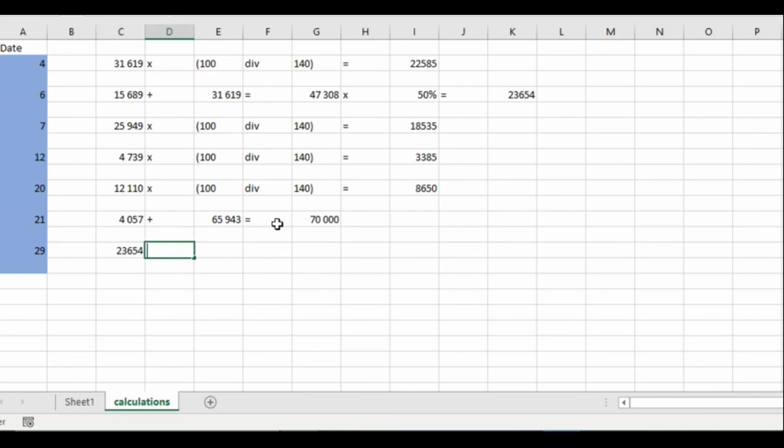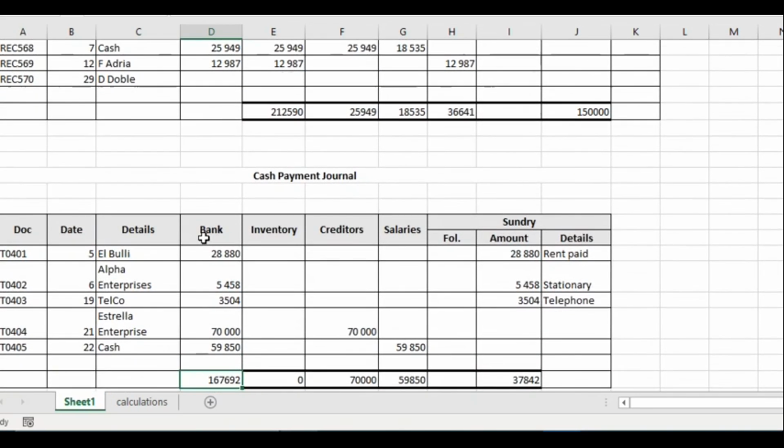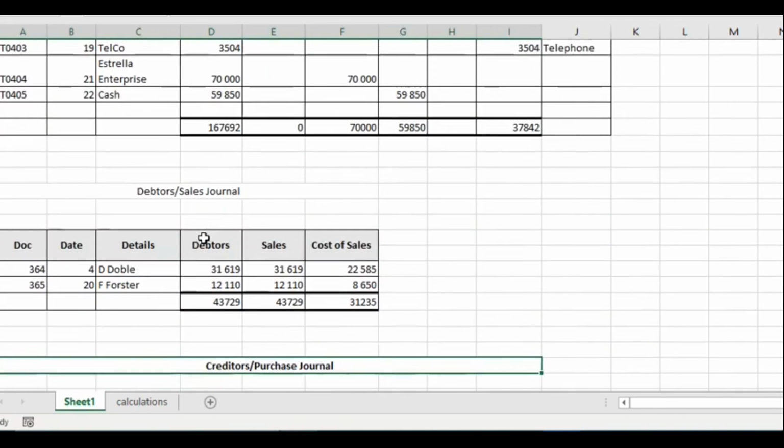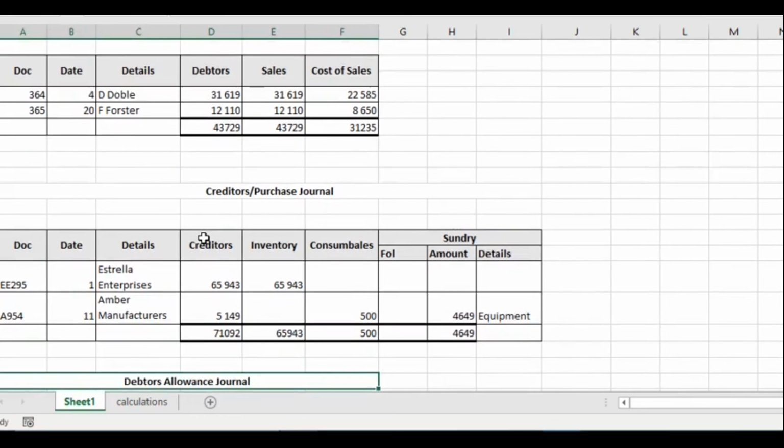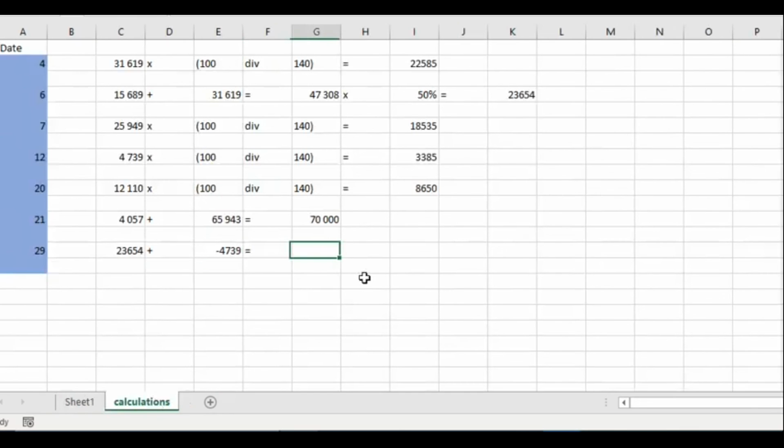So now we have to add or subtract any amount that he may have done. So what you're going to do is look for any transaction that happened after the 6th of the month, but that includes Double. The only transaction that happened was him returning goods here on the 12th for 4,739. So we're going to subtract the value of the money. So we're going to say 4,739.